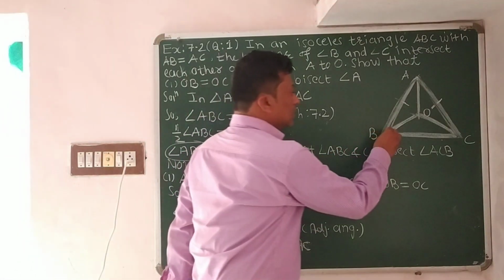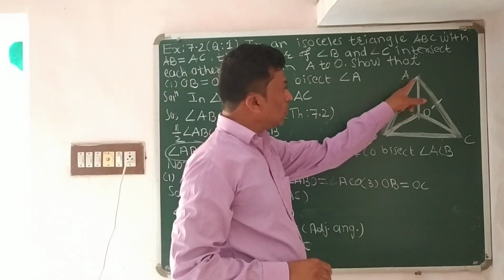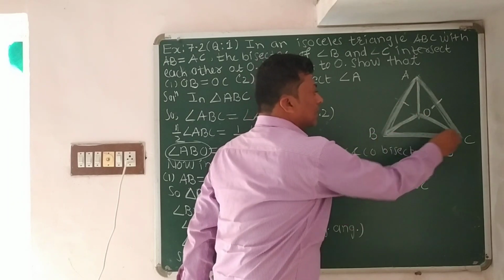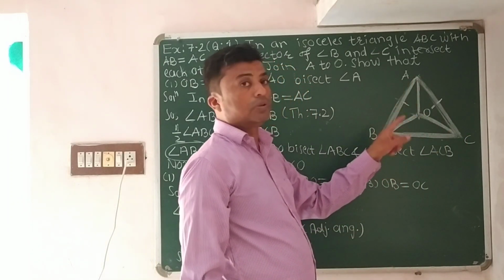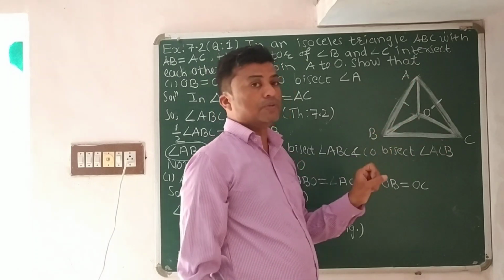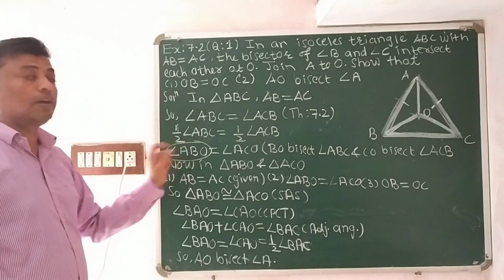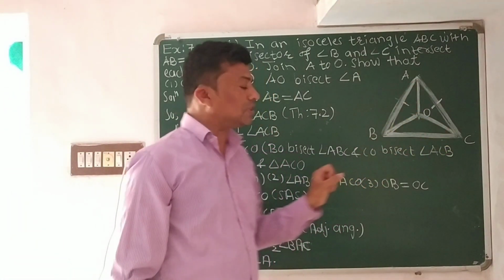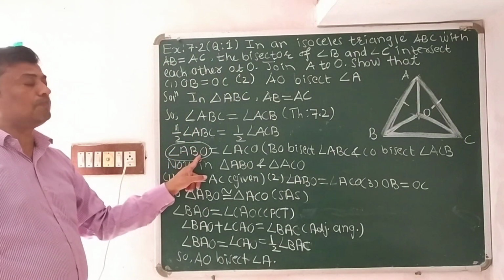See children, this BO is the angle bisector of angle ABC. BO bisects angle ABC. So angle ABO is equal to half of angle ABC. Why is half of angle ABC equal to angle ABO? Because BO bisects angle ABC. So half of angle ABC is equal to angle ABO.